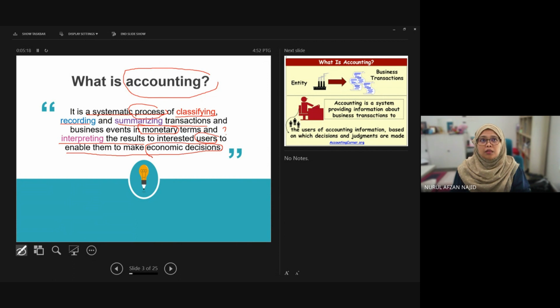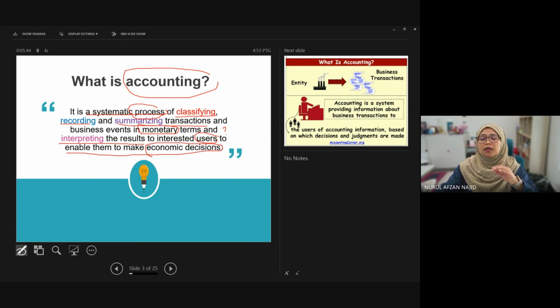Maybe when the owner, the board of directors or the manager take a look at the financial statement, they think they should hire more workers, right, to make sure that all the planning will be smoothly done. So that is the economic decision.